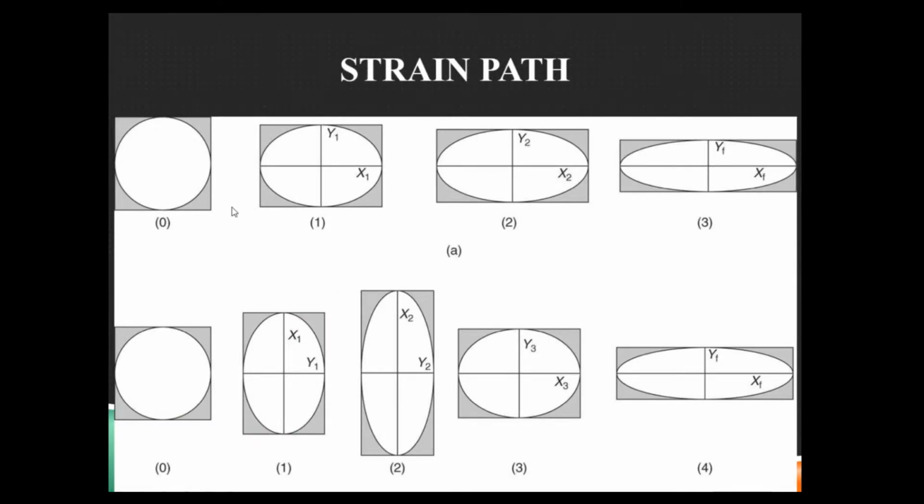You can see here the top row and the bottom row started as circles and ended up as this ellipse on the right. But they took two different paths. The first one had 3 steps, and it ended up as this ellipse.